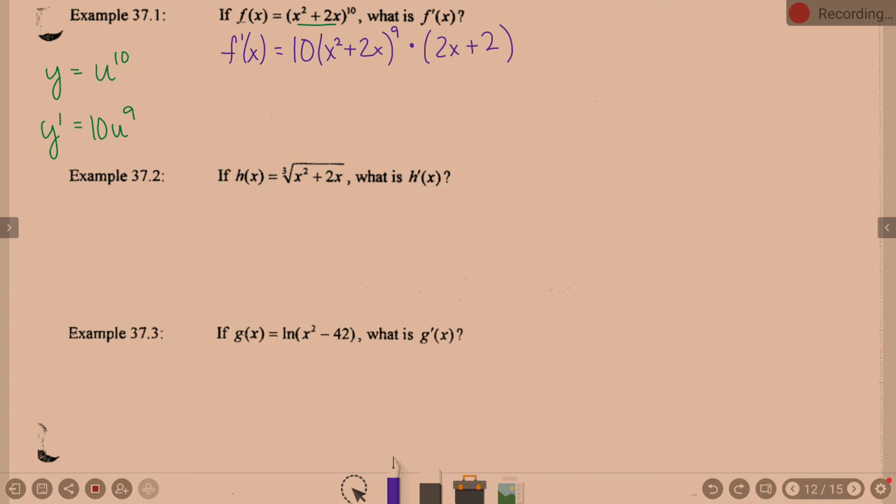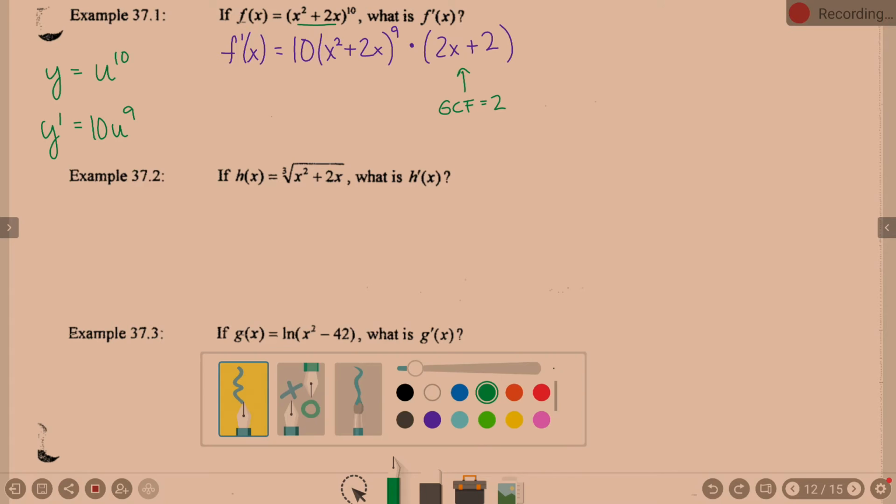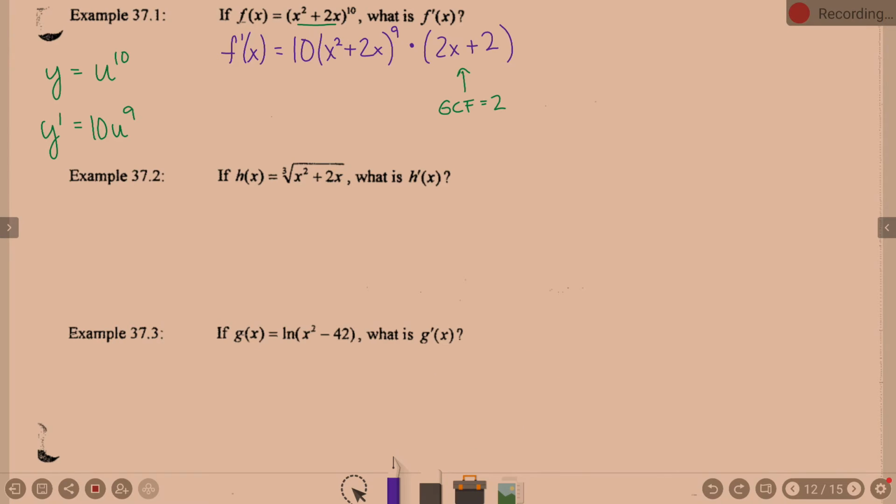One thing the book points out: what do you notice about 2x plus 2? It has a GCF of 2. Agree? The book factors the 2 out. That 2 is a constant, so where can I put it? I can put it with the 10.